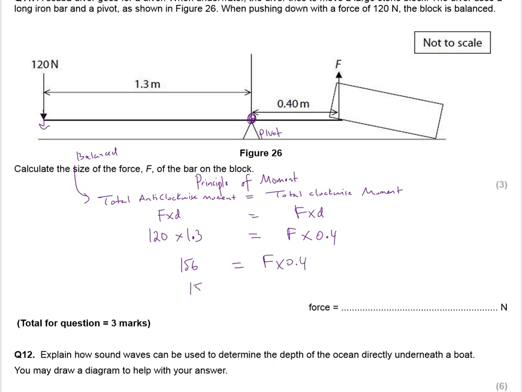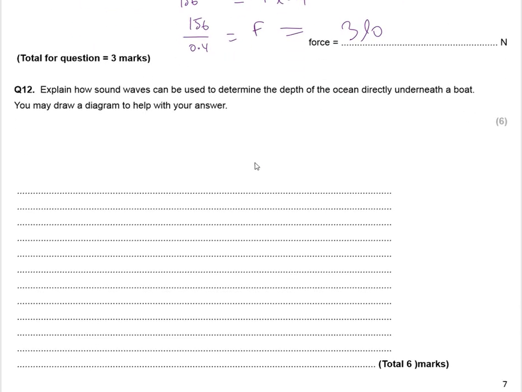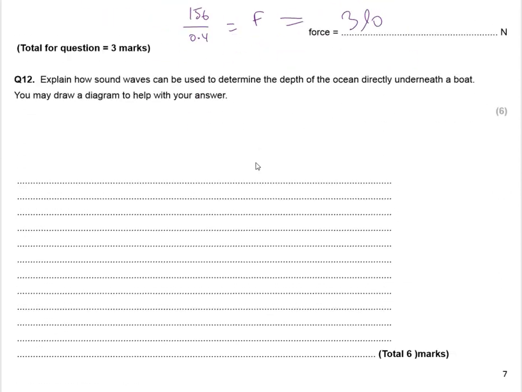So we take this divided by 0.4 equal to f. F is 390. This is what f is in this case. Good. So this brings us to this question there, and then we are pretty much almost there.